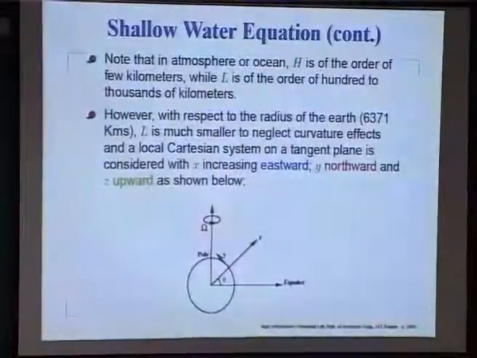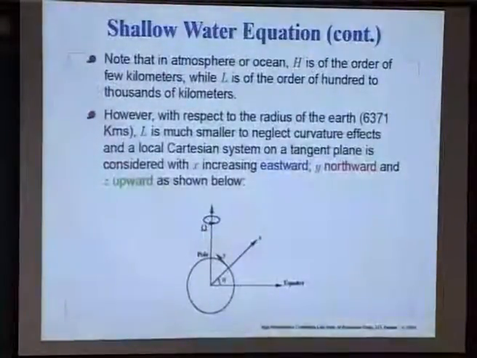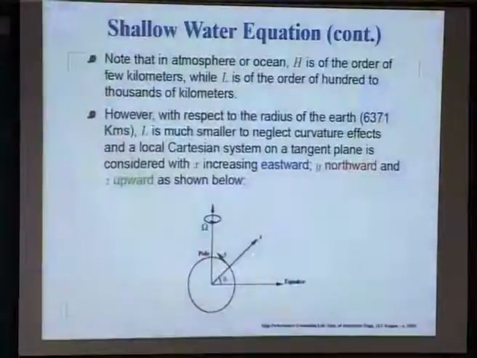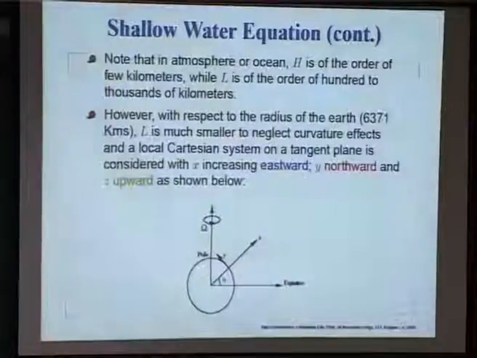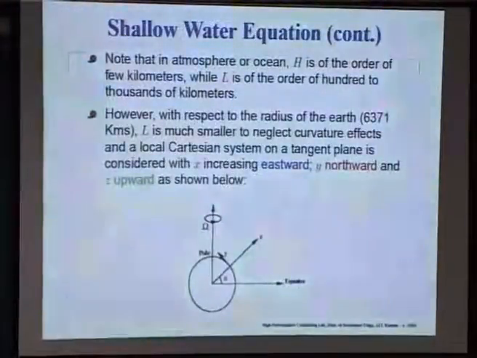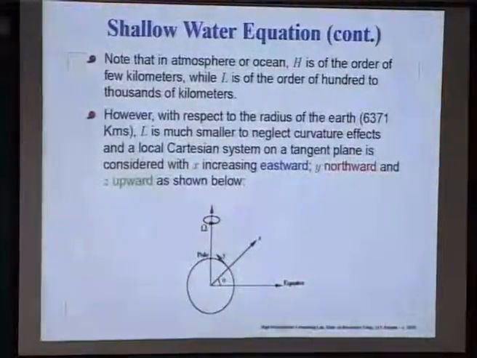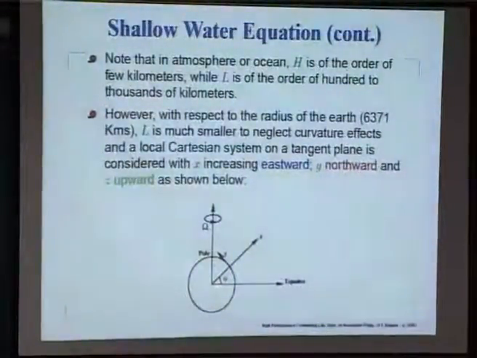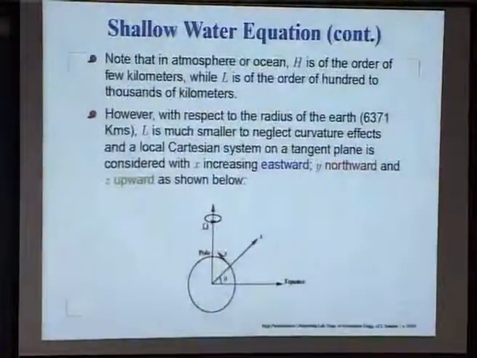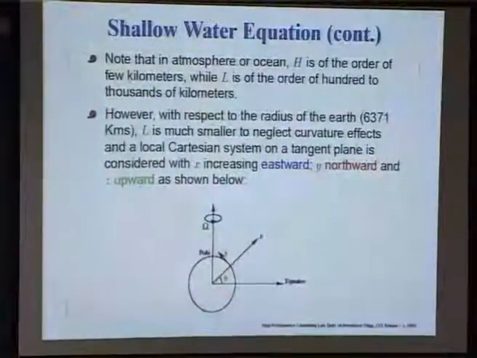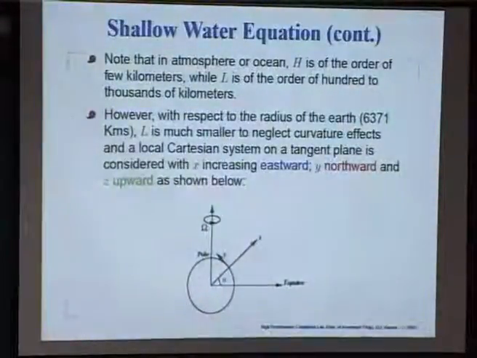So, suppose this is where you are located and you are trying to solve the flow equations, then you can draw out a local Cartesian frame where z will be of course the radial direction away from the surface, y would be towards the north pole, northwards, while x should be in the eastward direction. So, in this case it happens to be perpendicular to the plane of the figure, and theta is the latitude, defines where you are located, right.